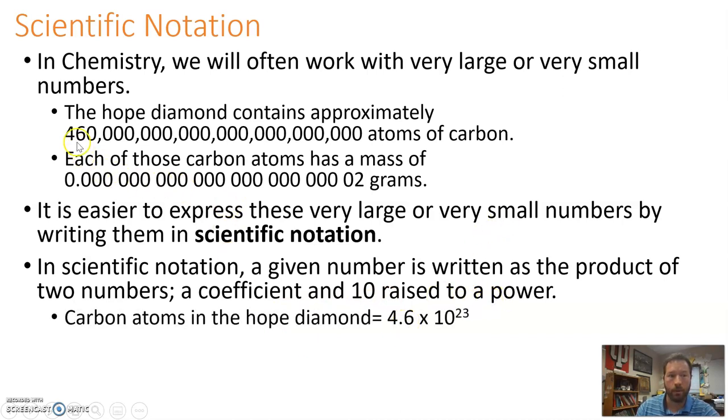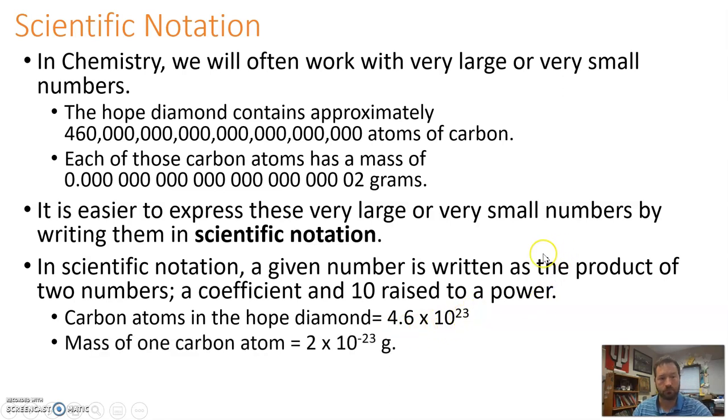So our number from up above, 460 gazillion gazillion, is much more easily stated as 4.6 times 10 to the 23rd. And the mass of that one carbon atom, 2 times 10 to the negative 23rd grams. These numbers here are the coefficients I mentioned a second ago, the numbers multiplied by 10 to the power.